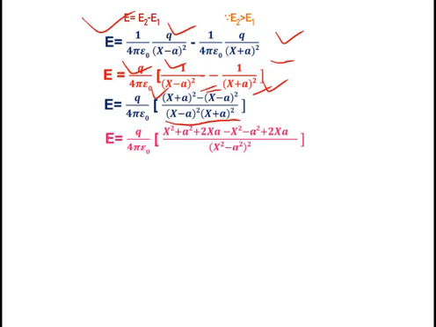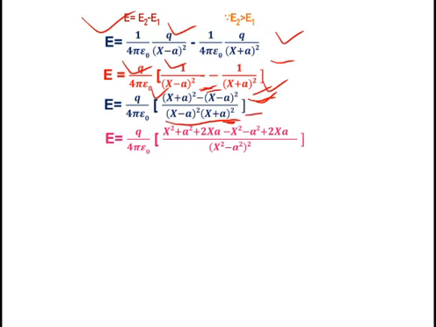Similarly, (x minus A) whole square is similar to (a minus b) whole square, so according to that, x square plus A square minus 2xA. But here the outside negative sign is there, so we have to multiply those values with this negative sign, giving minus x square minus A square plus 2xA.